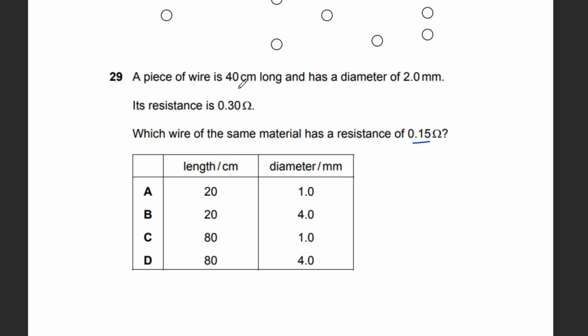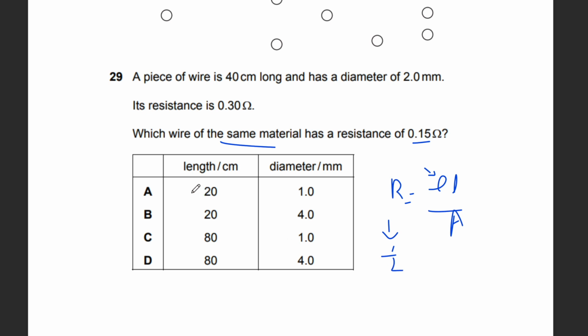Resistance is equal to rho L by A. This rho is called resistivity, which depends on the material. Now it's the same material, so you don't really need to consider that. So this will be decreased by half.